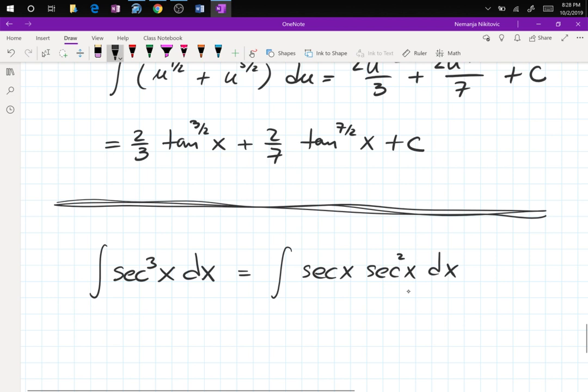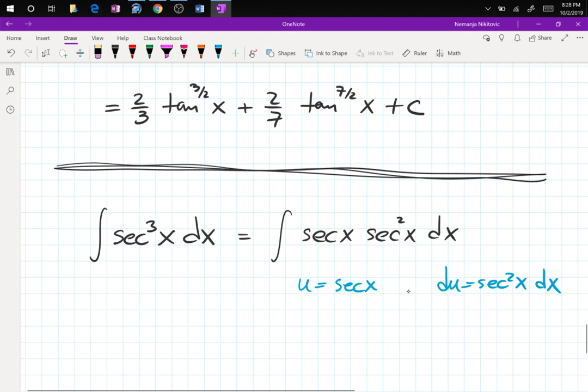Well, since everything that we know failed, identities failed, which is Pythagorean identity, u substitution failed, right? What's the next thing we can do? Integration by parts. Exactly. So integration by parts over here, u equals secant x and dv equals secant squared x dx, because you can integrate secant squared.